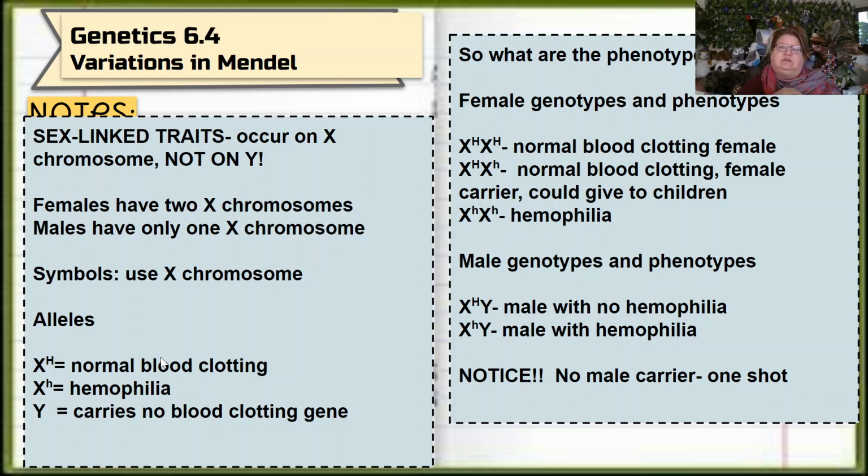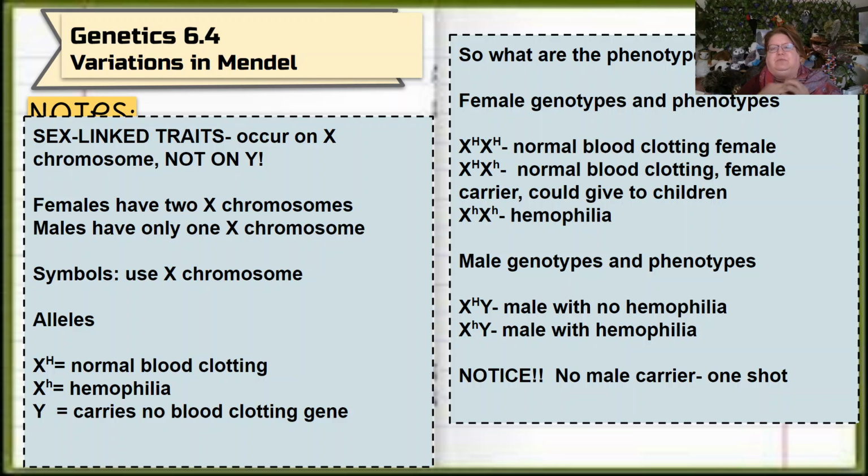If you have X little h, then you have the allele that causes hemophilia. In this case, I'm telling you it's recessive, so you would need to have two little h alleles to have hemophilia. Remember, the Y chromosome carries no blood clotting gene, and that is the key to understanding this. The Y chromosome has nothing.